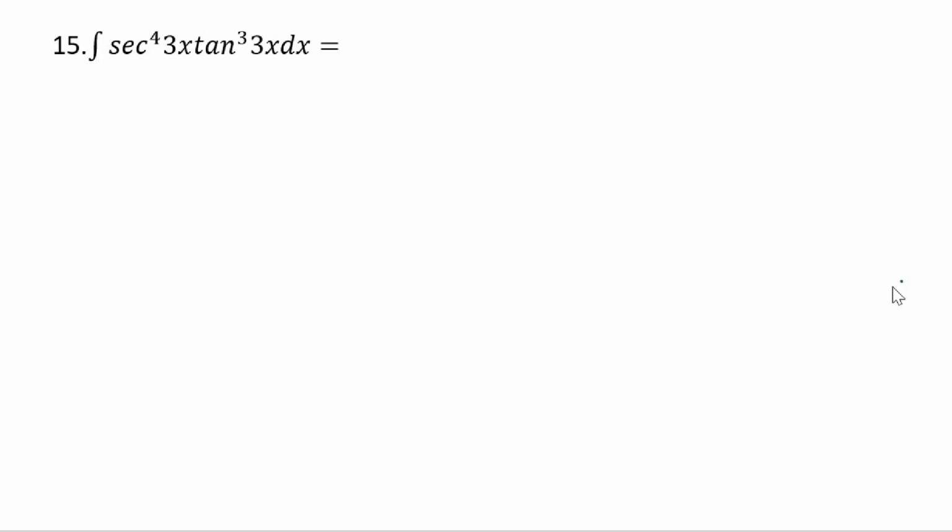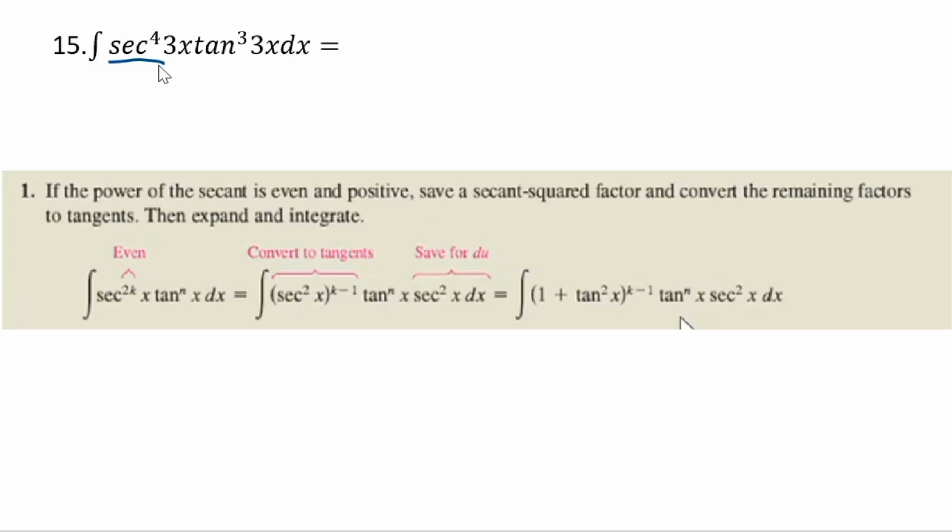For number 15, we have the integral of secant to the power of 4 of 3x times tangent cube of 3x dx. So we are going to factor out the secant to the power of 4 of 3x. So we can write now secant squared of 3x times tangent cube of 3x times secant squared 3x dx. So secant squared of 3x times secant squared of 3x will give us the secant to the power of 4 of 3x.